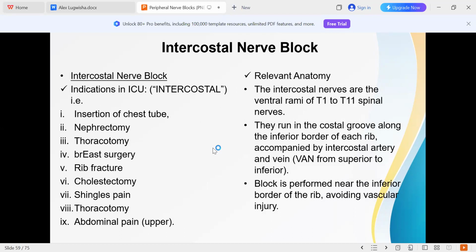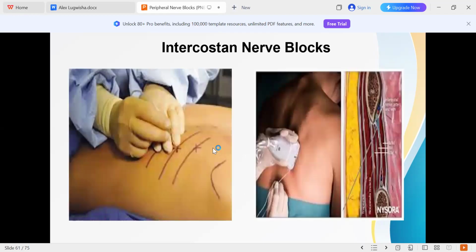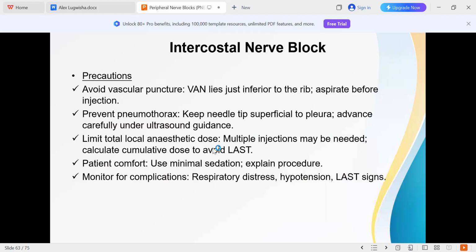Indications for intercostal nerve block include ICU care, insertion of chest tube, nephrectomy and post-nephrectomy, thoracotomy, breast surgery, and all of that. For the landmark technique, you can also use ultrasound; these are both techniques for intercostal nerve blocks. You want to avoid vascular puncture.